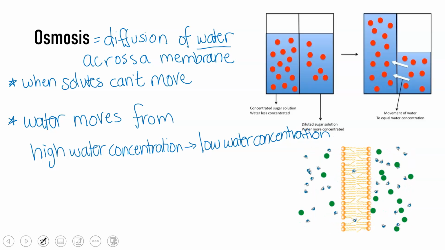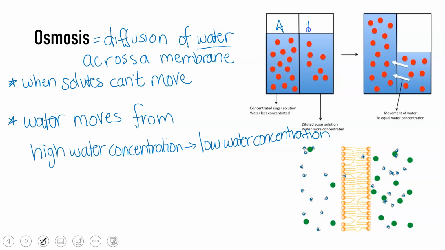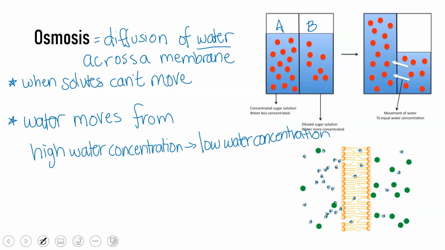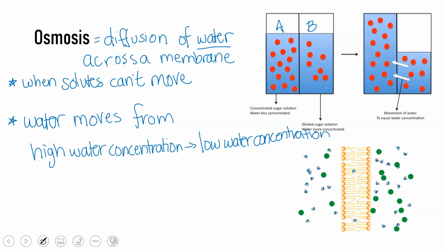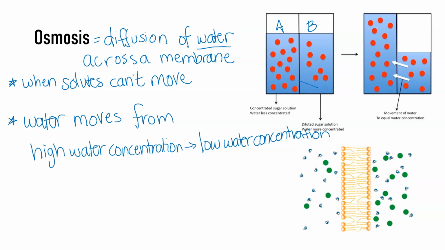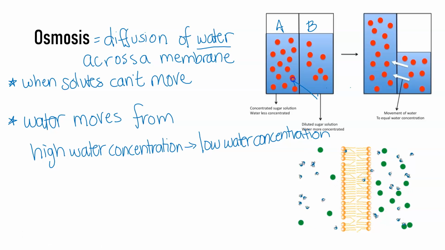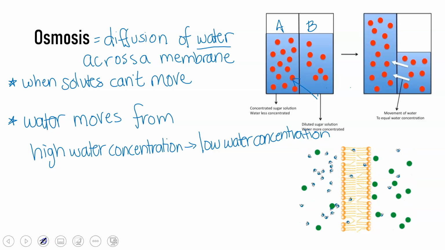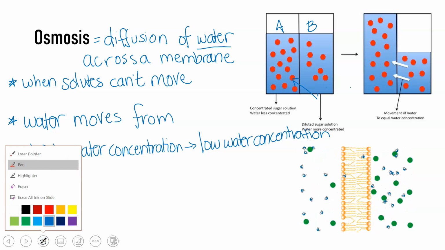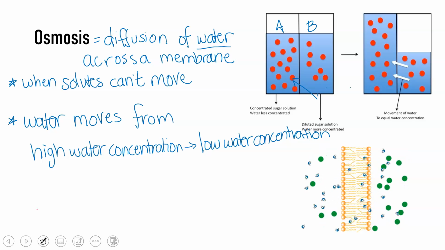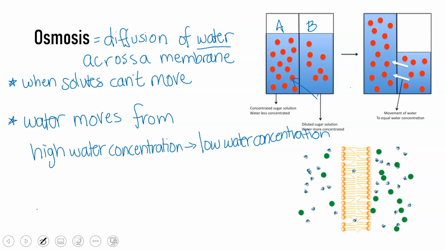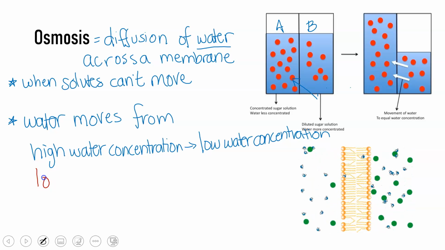All right, so if we look at this diagram right here, okay, sides A and B, B has more water per red solute molecule, okay? And so the water moves from the area with a higher water concentration to the area with a lower water concentration, okay? But usually with osmosis, we don't talk about the water concentration. Instead, we talk about the solute concentration, okay? So if we said that side B has a high water concentration, what you can also see is that it has a low solute concentration.